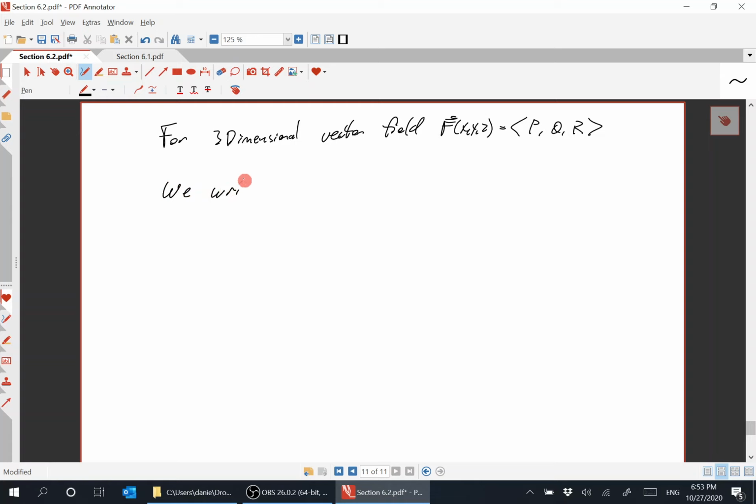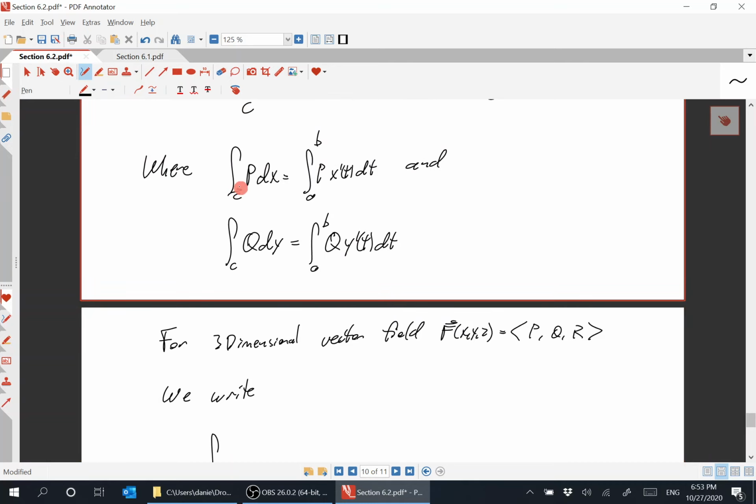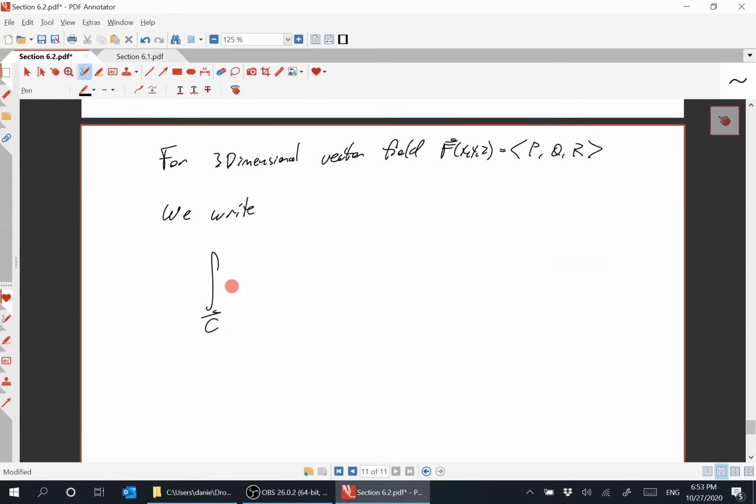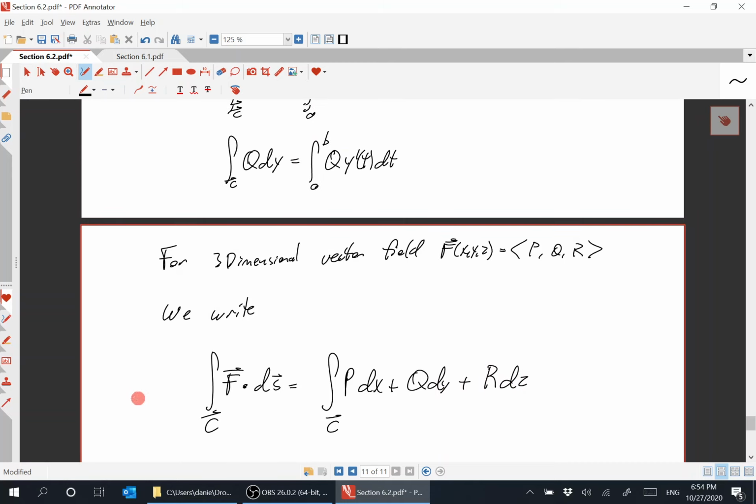We write the same sort of thing, the line integral over c of f dot ds. We put the little arrow on the c here because the direction matters. The integral over c of f dot ds is equal to the integral over c of p dx plus q dy plus r dz, where same meaning as before.